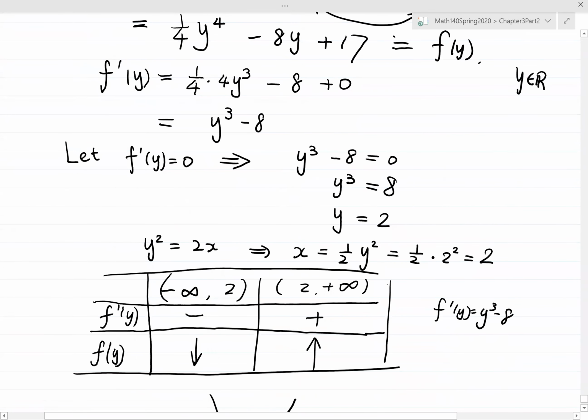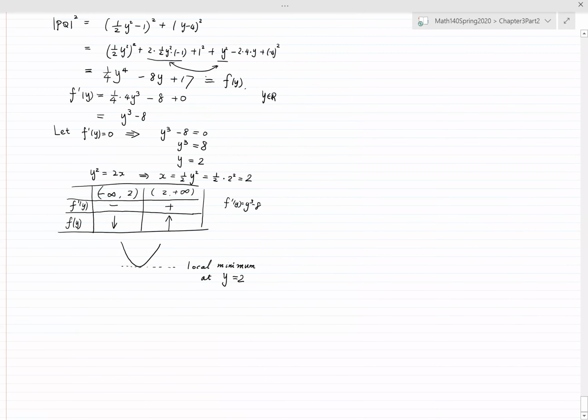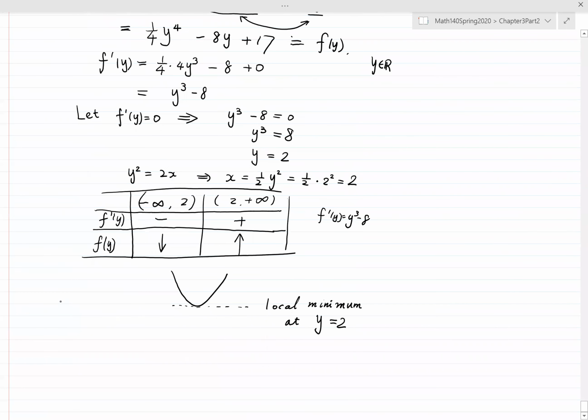If you plug in y equals 2, then f(y), the distance squared, remember, is a quarter y to the power 4 minus 8y plus 17. You plug in y to be 2.